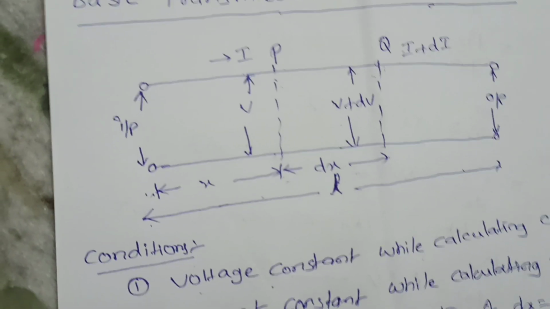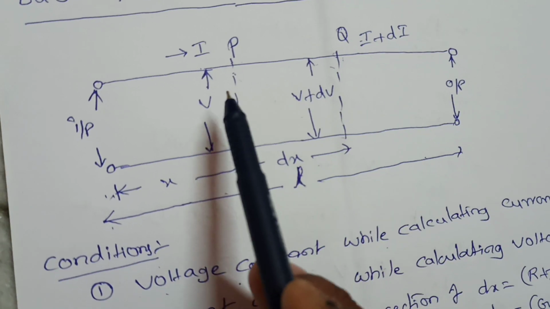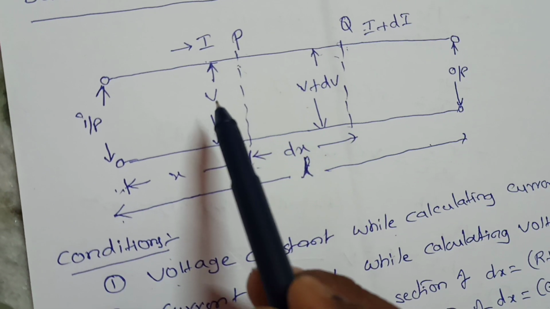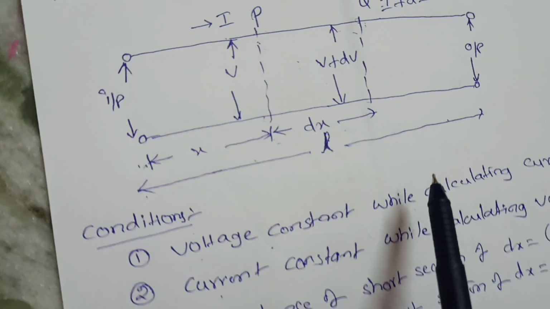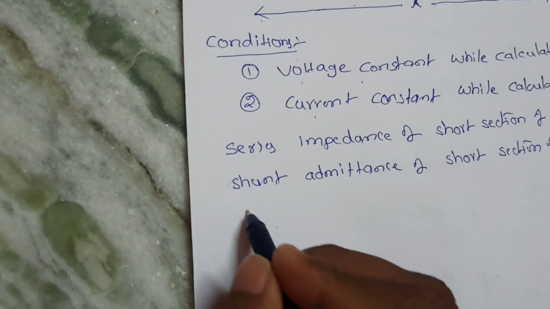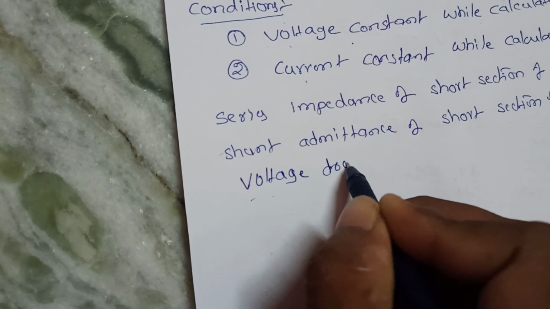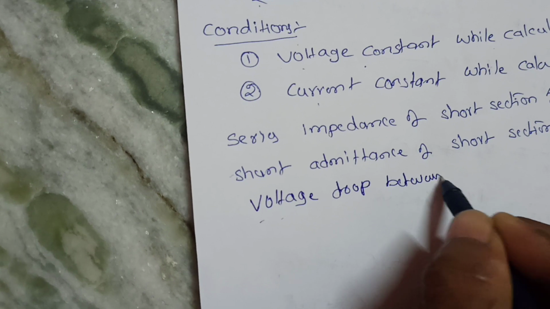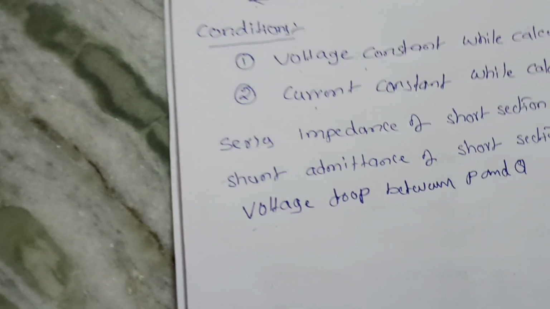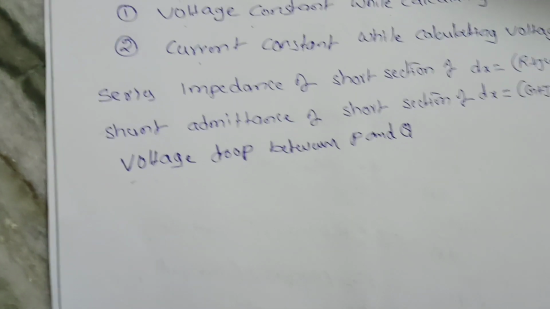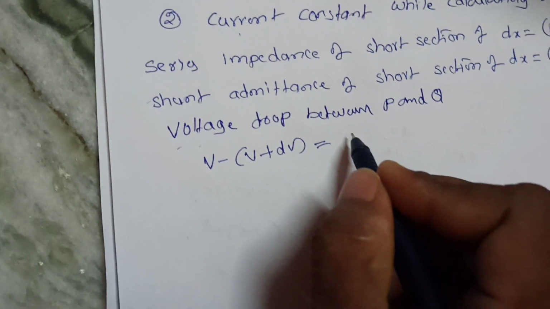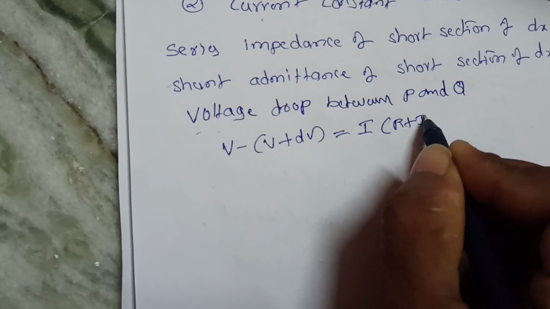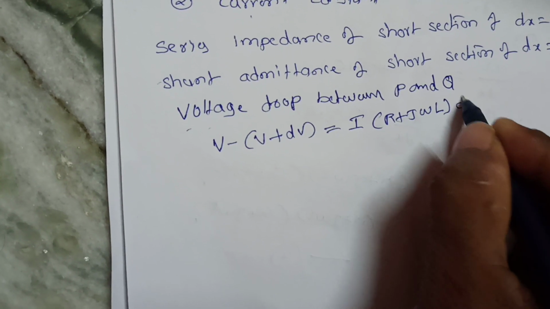So here, first of all we have to find the voltage drop between P and Q. The voltage drop between P and Q is V minus (V plus dV), that is equal to I times (R plus j omega L) dx.